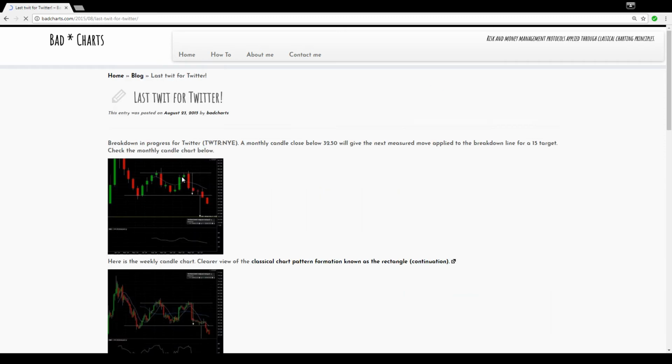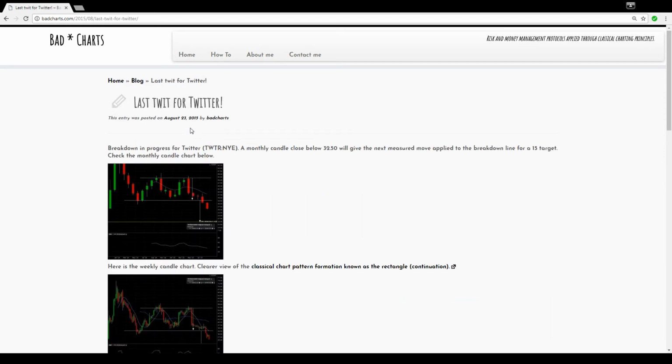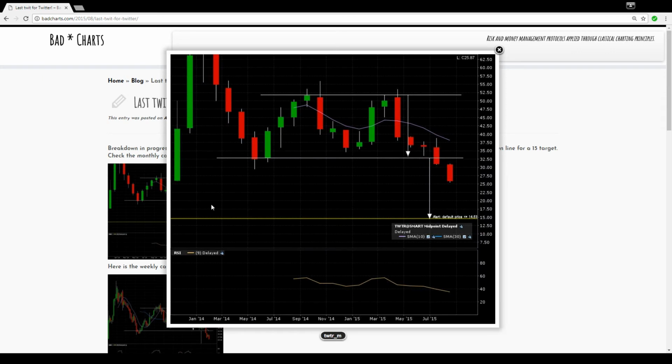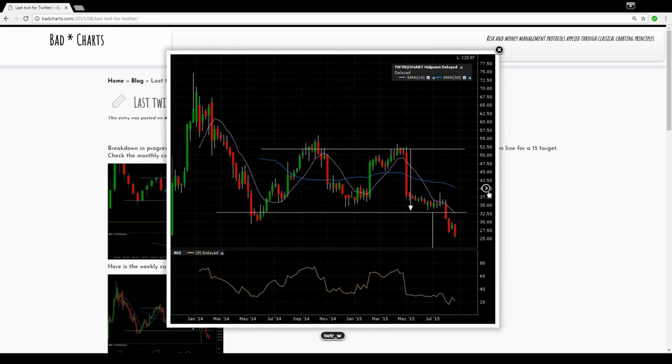And I did the analysis back in 2015, October 23rd, and I was just curious to see how that panned out. I had drawn some lines in between about that 52 level and a breakdown at the 32.50 level, and had measured an implied move to 14.63. I had drilled down on the weekly.